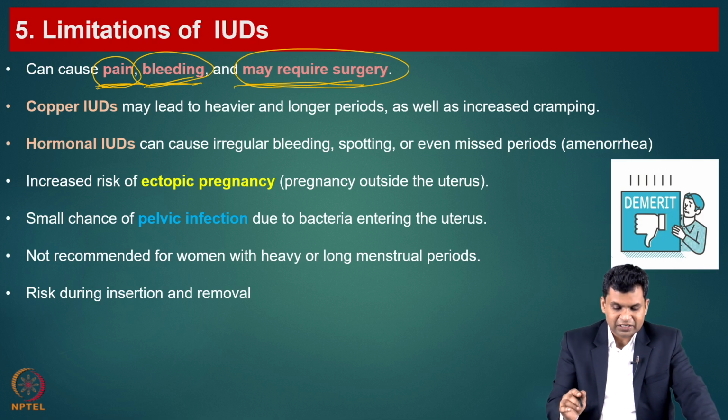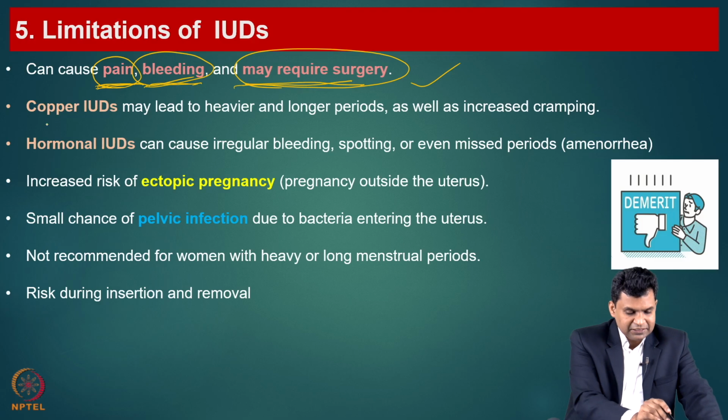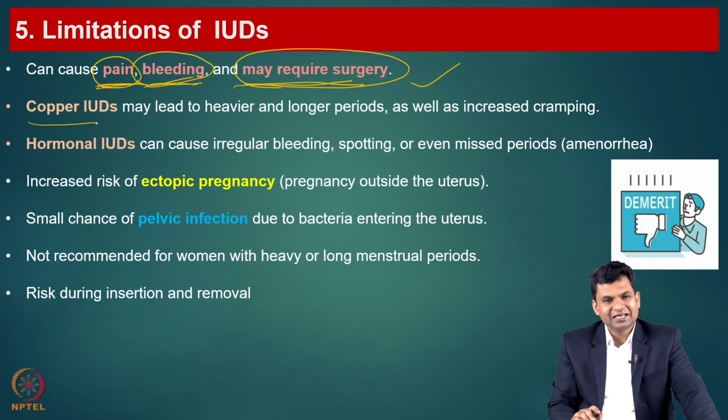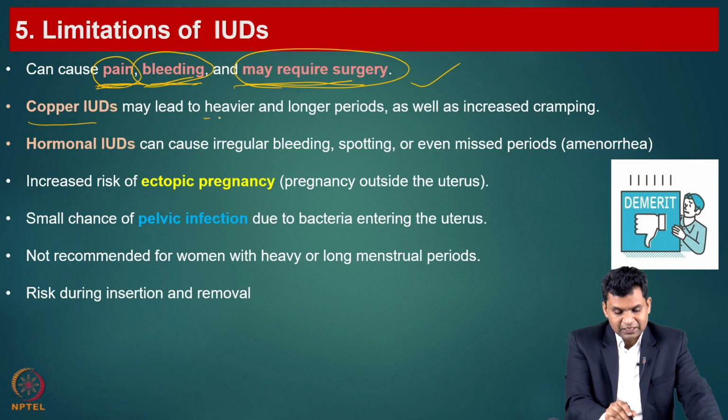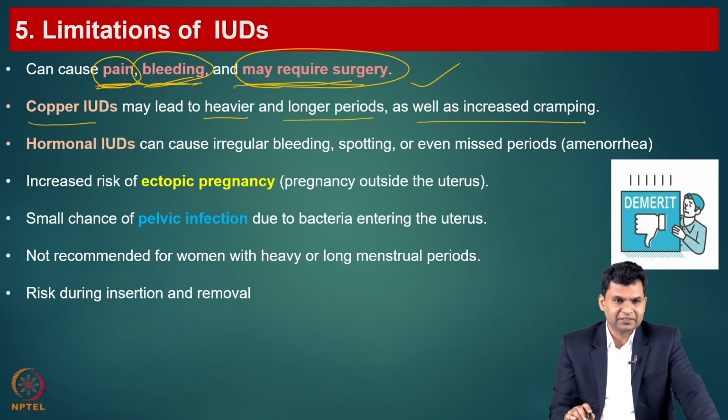And yes, we can also overcome this type of limitation with advanced technologies in intrauterine devices. The second limitation is that copper intrauterine devices may lead to heavier, longer periods as well as increased cramping.